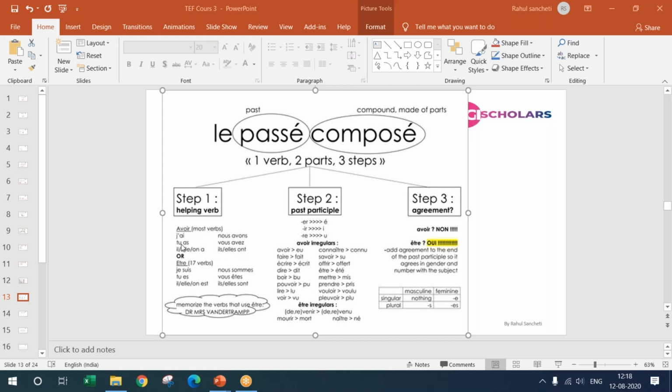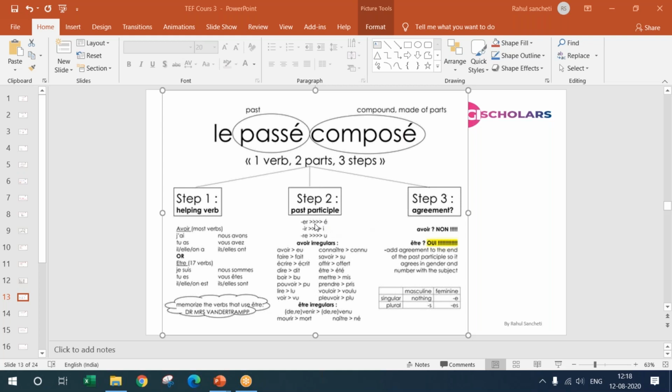For avoir verbs you have the conjugation here, and then for 17 verbs it is être. To remember that, you have to remember Dr. and Mrs. Vandertramp. Here they have added an extra P and made it 17, that is passé, is to pass.